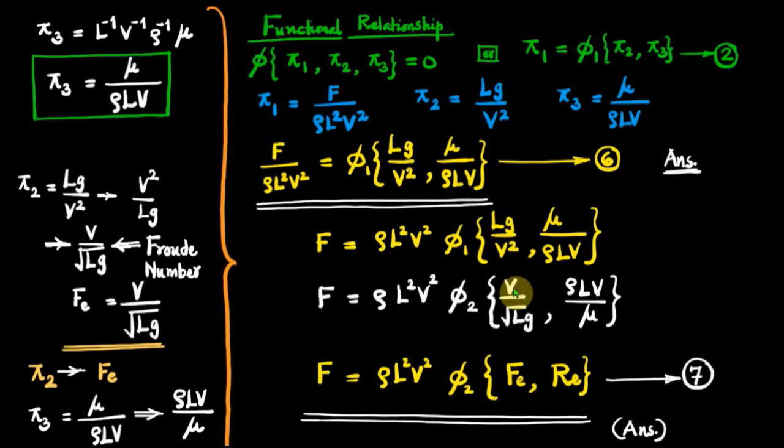We found out the resistance of a ship or force of drag, a functional relationship for which can be expressed as F is equal to rho L square V square into function of Froude number and Reynolds number.